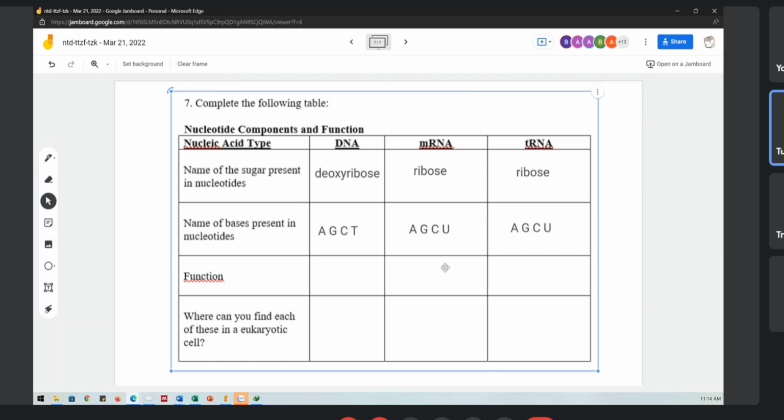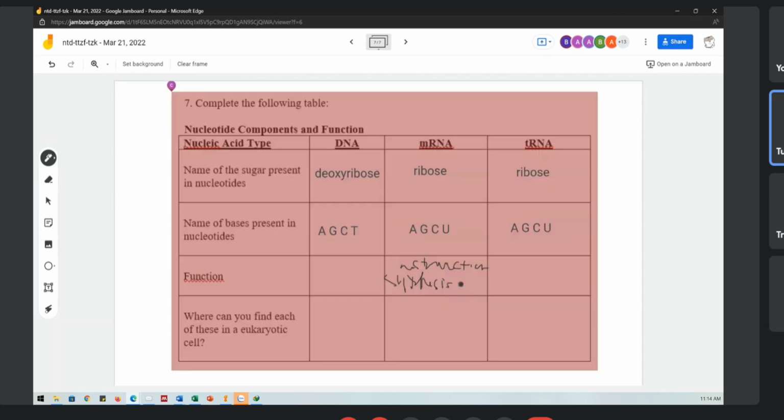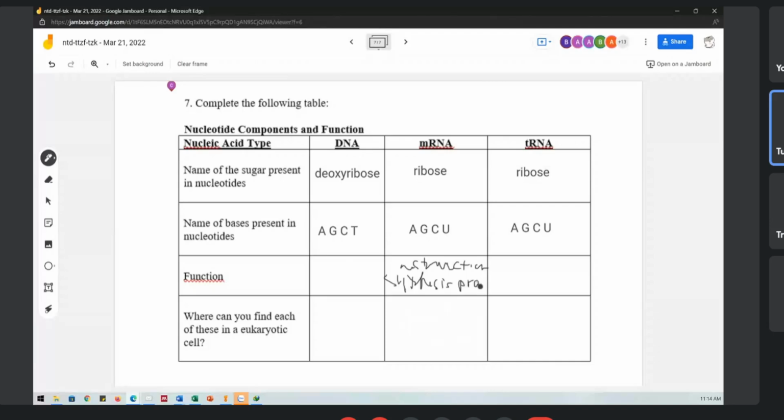The mRNA will play a role in the instruction to synthesize protein. With protein synthesis, we must have the mRNA, and the tRNA will be used to transfer amino acids to the mRNA for the synthesis. And the DNA is storage of genetic info.